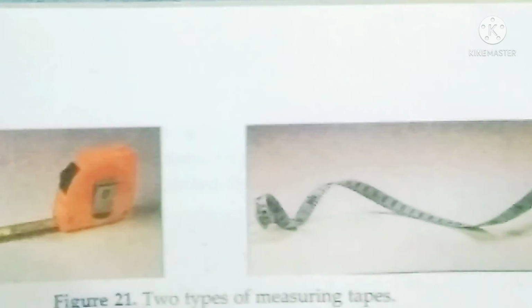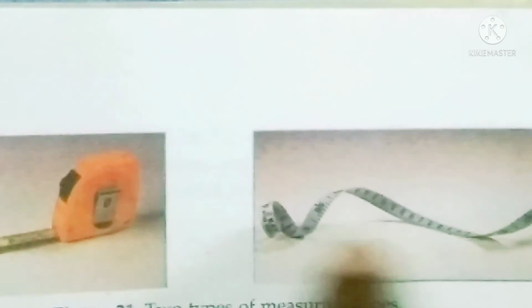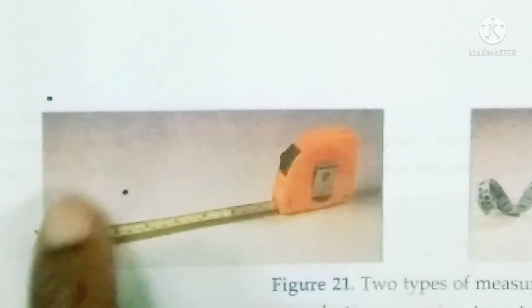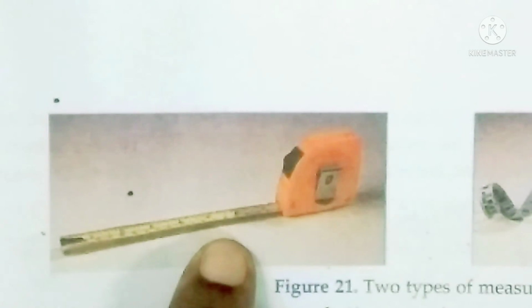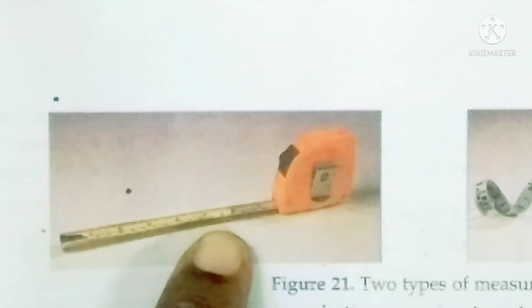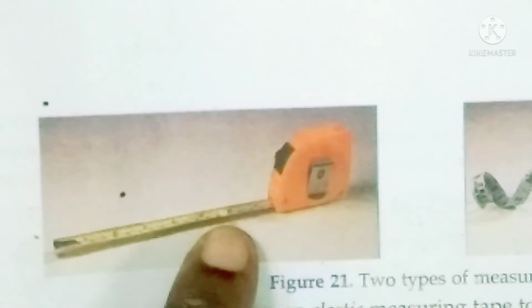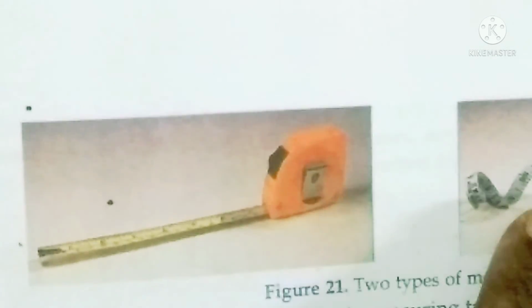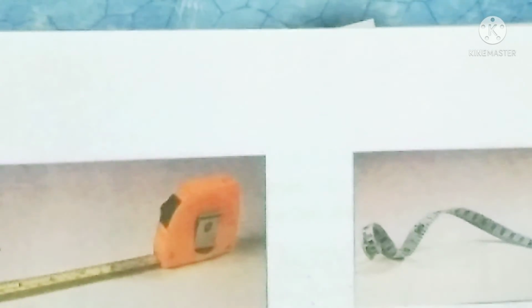Usually the tailors use these tapes. Now you might have seen Hemant sir, our PT teacher, using this type of long tape for measuring and drawing the tracks and all. Both types of tapes are there with them. Because if you have to measure curved surfaces, this will be useful.